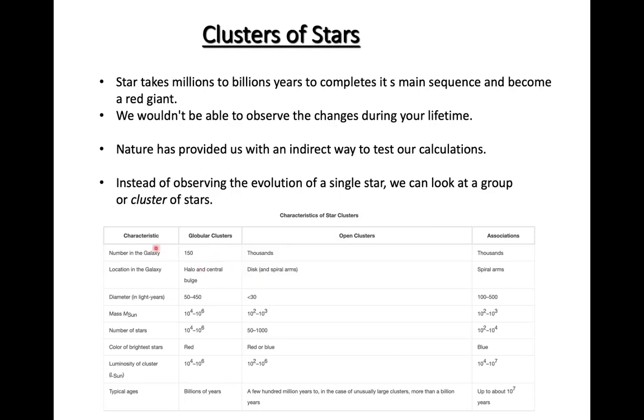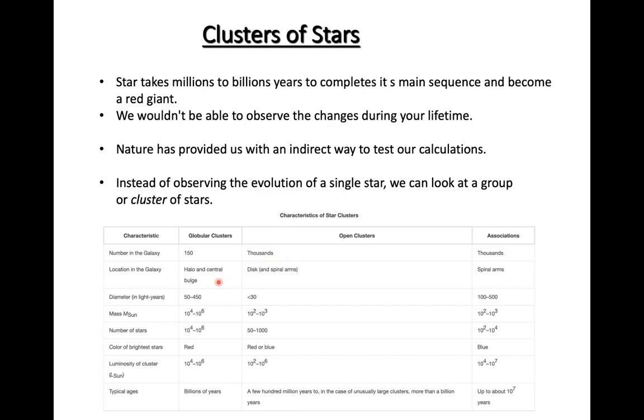You can see that in the galaxy, and we will talk about galaxies, by the way, in the next few chapters, you have around 150 globular clusters, while there are thousands of open clusters. Clearly, the number of open clusters is larger compared to globular clusters. A galaxy has two or three major parts, which we call the nucleus, halo, and bulge.